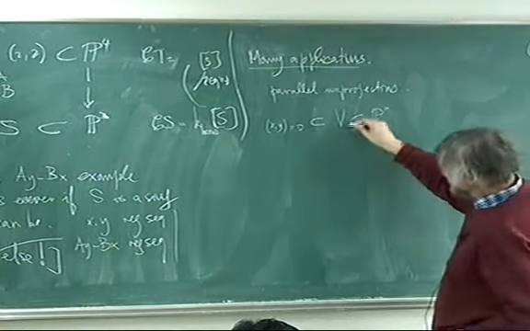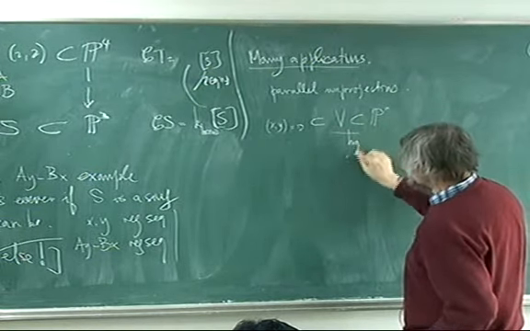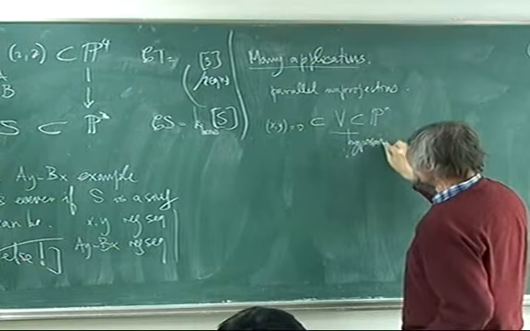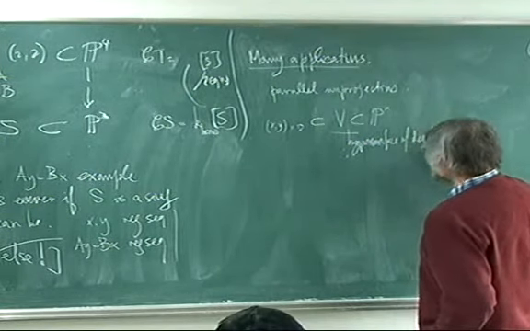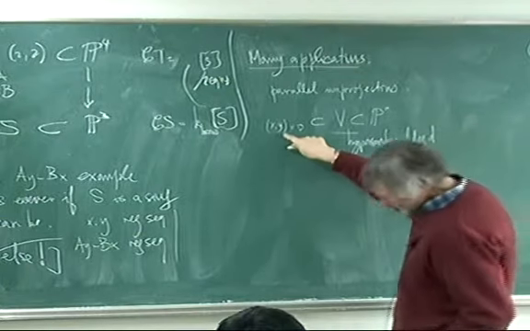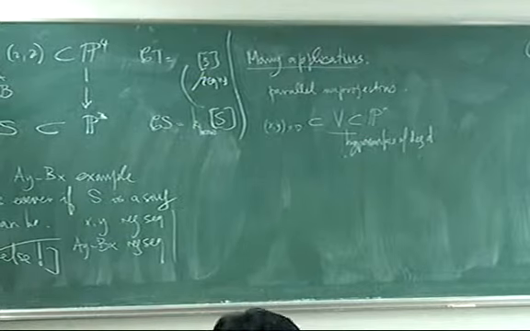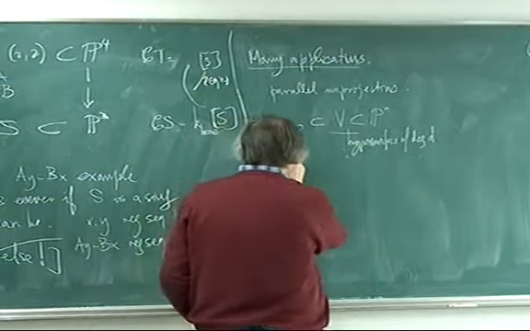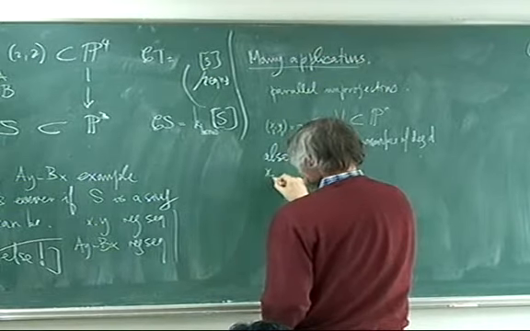So in other words, I'm thinking of this V as being a hypersurface of some degree d, right? And it contains this x1, y1 equals 0, so it's like this. But let's suppose it contains x1, y1, but also x2, y2.